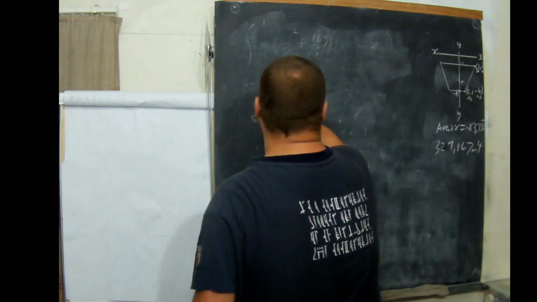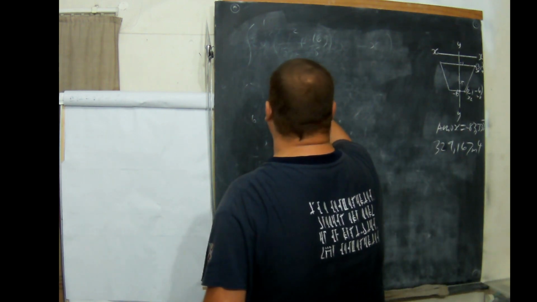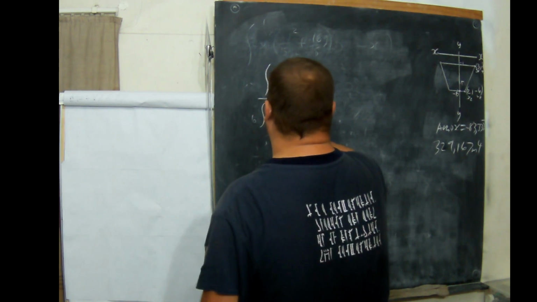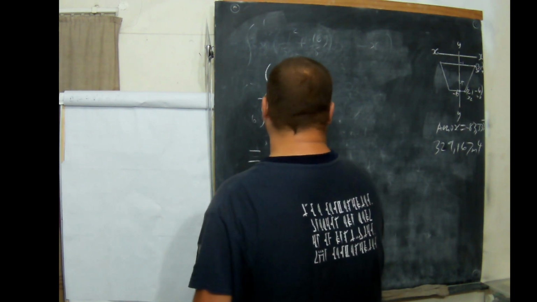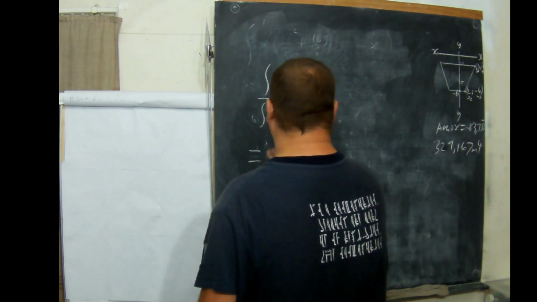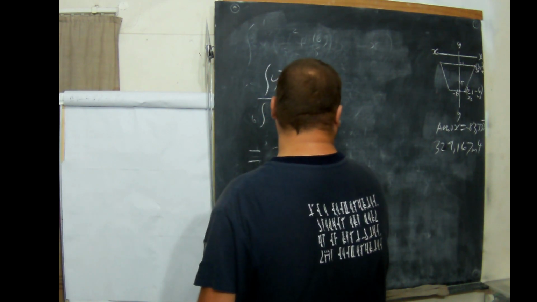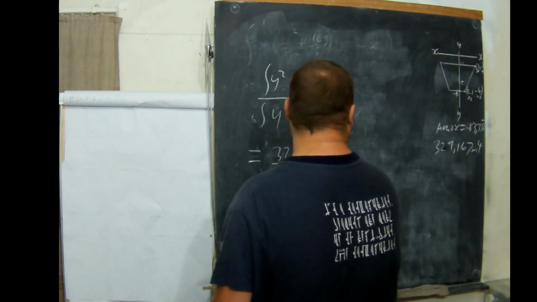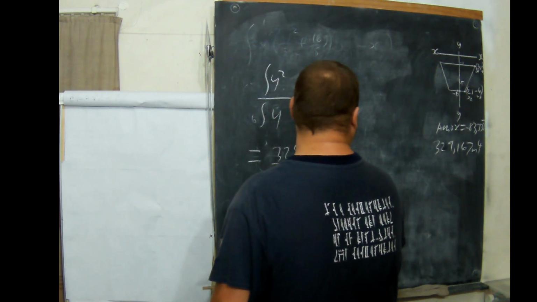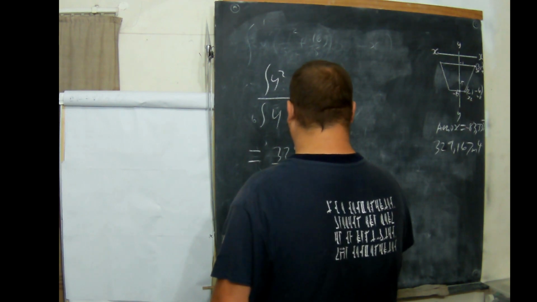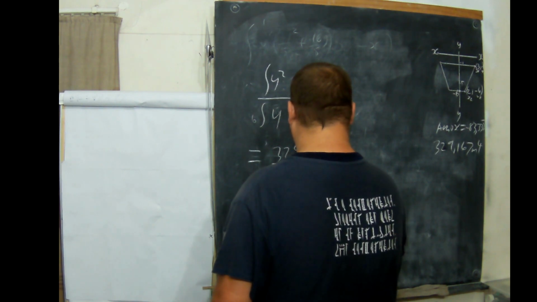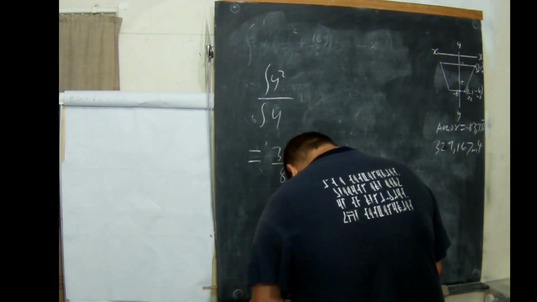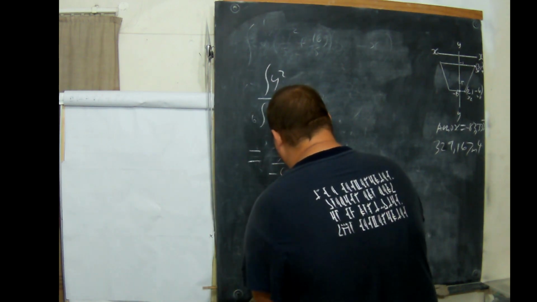Now, it's the integral of y squared over the integral of y, which equals positive 329,167 divided by 83,333. Minus, sorry.